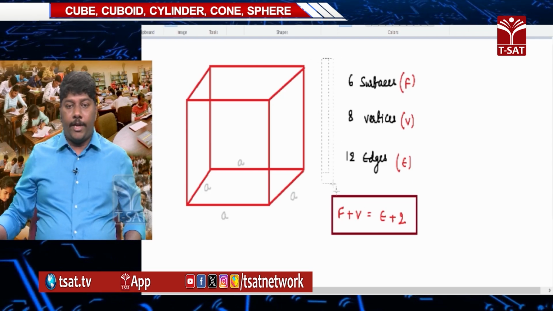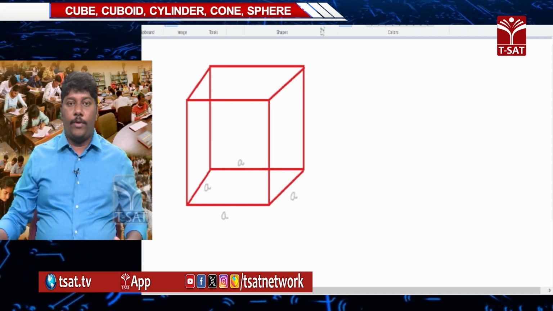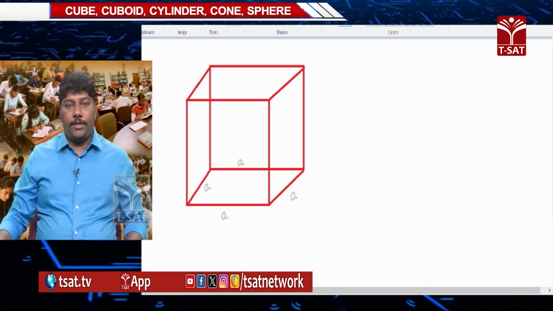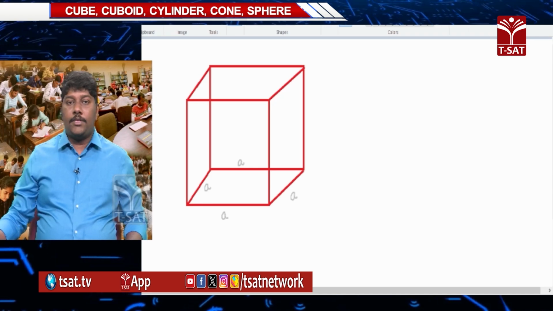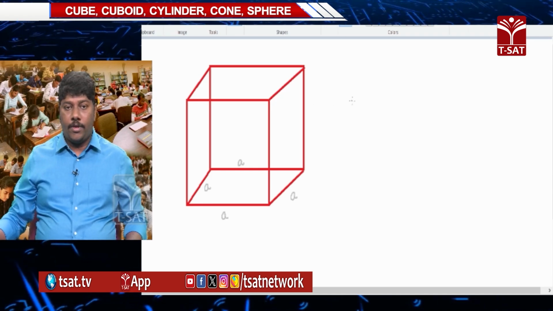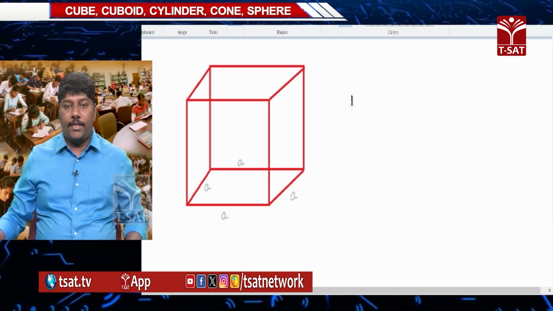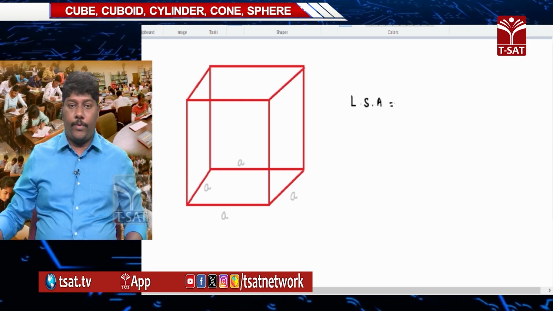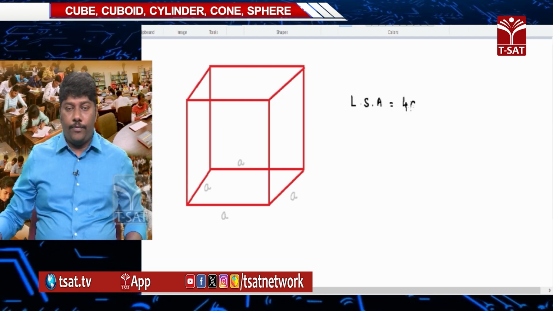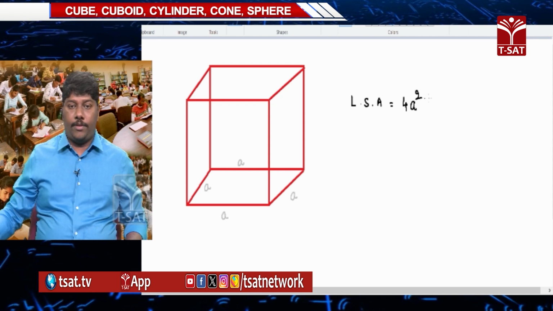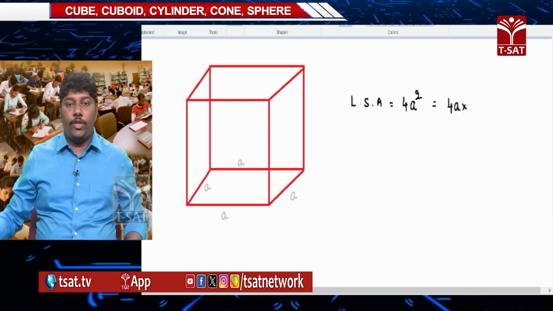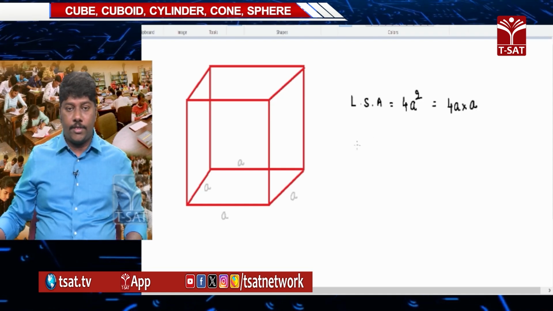Now, we are going to find the lateral surface area, the total surface area and the volume of this cube. We know a cube is a square prism. Lateral surface area is the 4 walls, all 4 of them are squares, therefore 4a squared. You can also say base perimeter of a square is 4a into height, and you get the same.